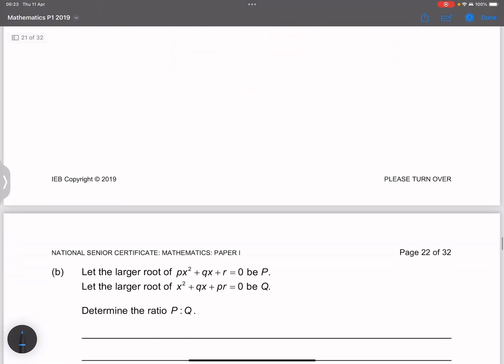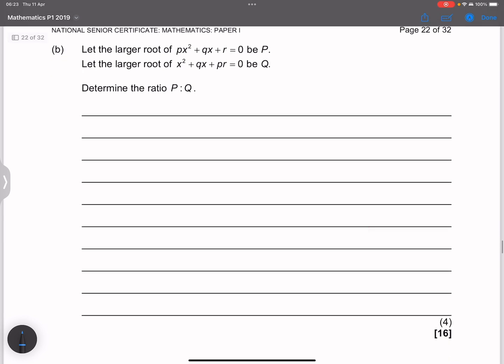Right, and for the next portion, they say let the larger root of px squared plus qx plus r equal to 0 be p, and let the larger root of the other expression, x squared plus qx plus pr equal to 0, be q. So let's work out the value of p. That's going to be minus b, and our b value is q.